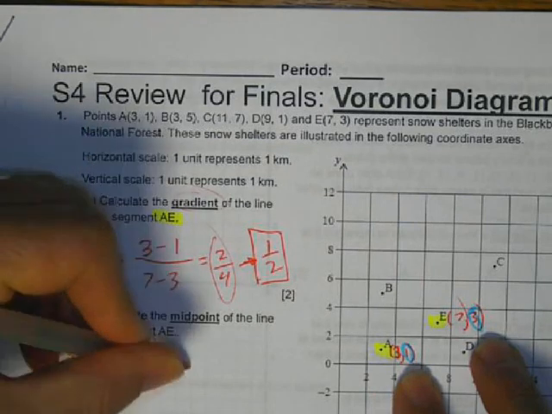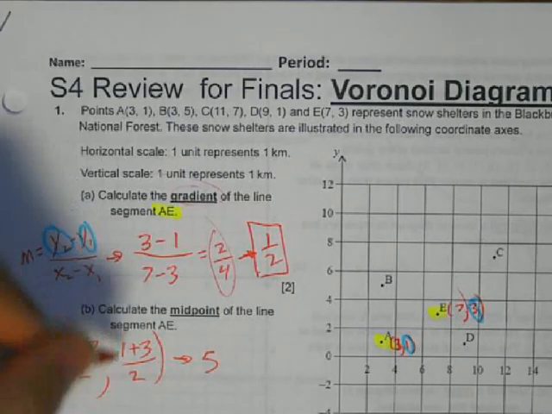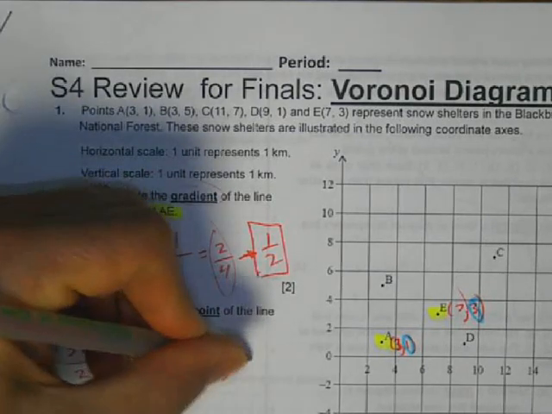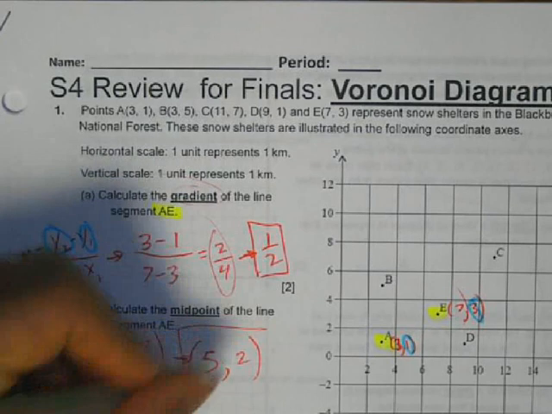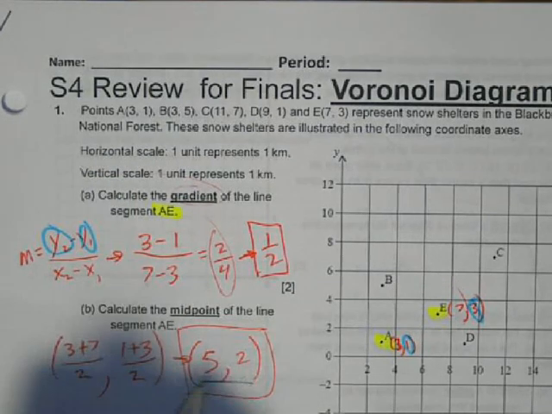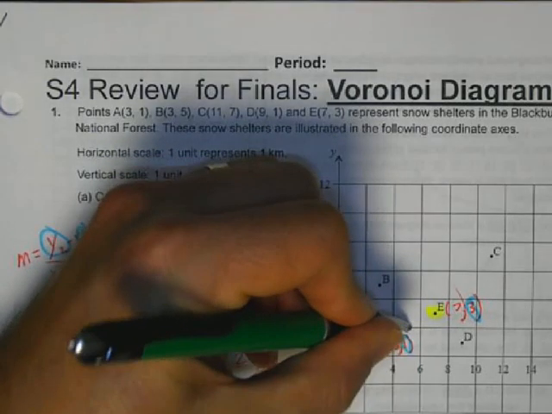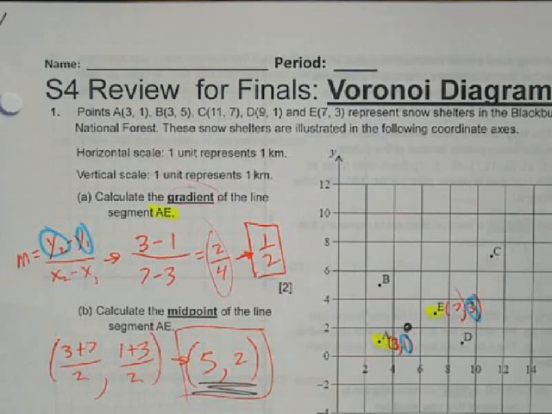And that's going to give me 10 divided by 2 is going to give me 5, and 1 plus 3 is 4 divided by 2 is going to give me 2. So our midpoint is that. So I'm going to put a dot at 5, comma 2. Okay, that's our midpoint.